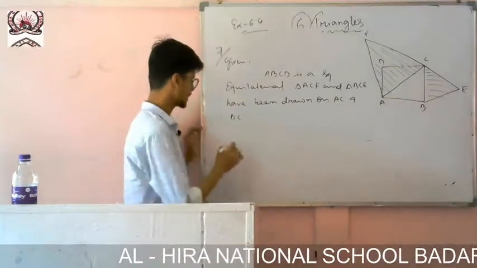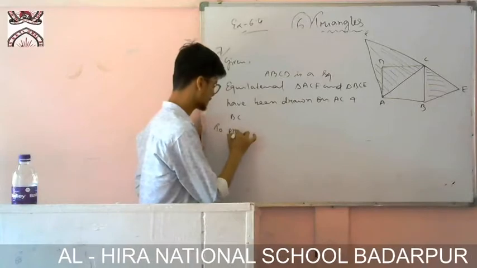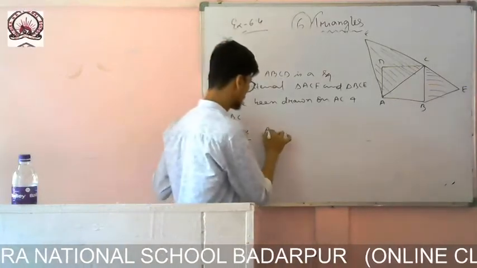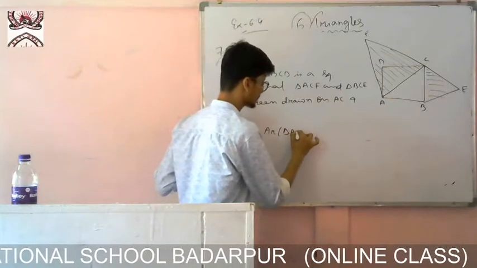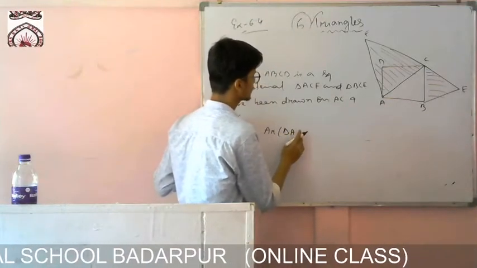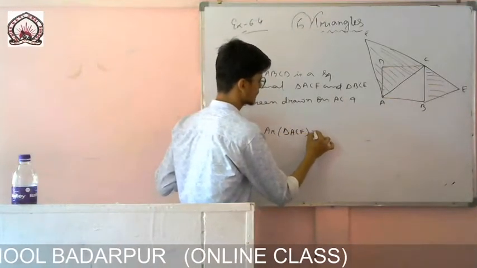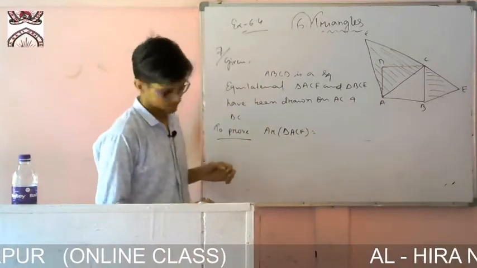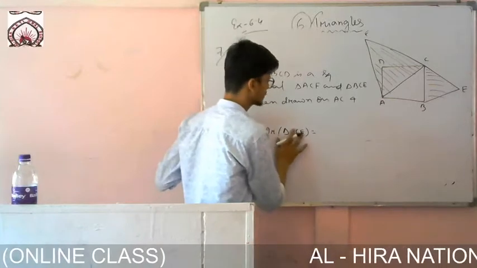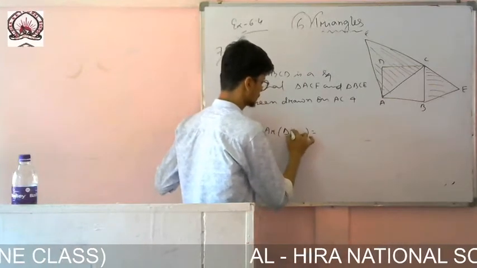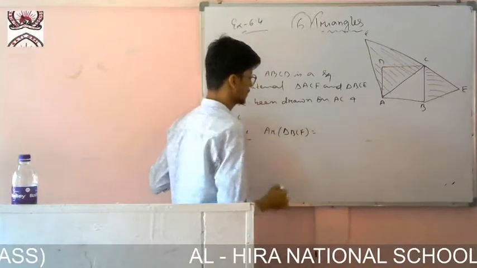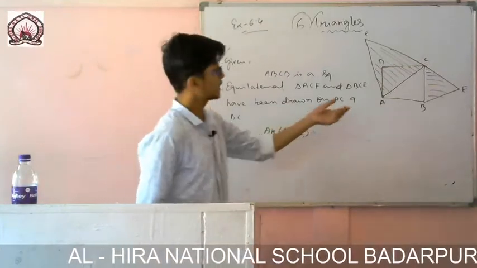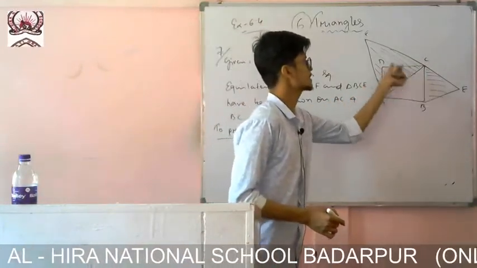Okay, so what do I have to prove? I have to prove that the area of triangle BCE is half of the area of triangle ACF. I have to show that this one is the double. So I have to show that this one is half of this one.